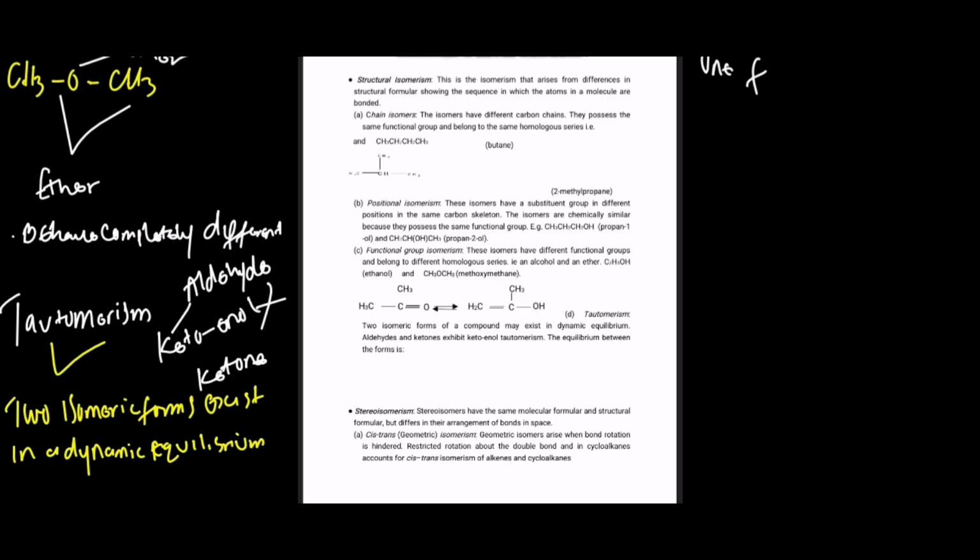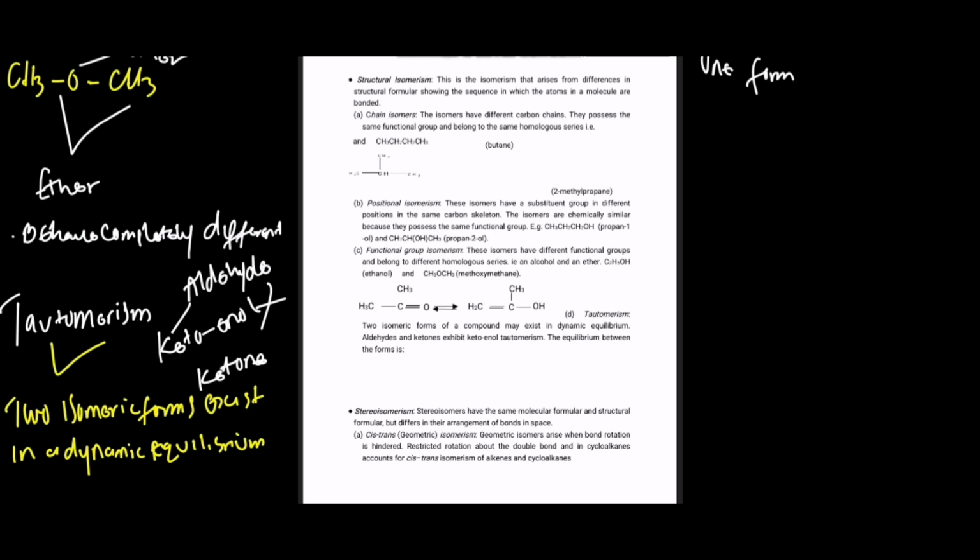There exist two isomeric forms, and they exist in dynamic equilibrium. That is what is happening in the tautomerism. The example on my slide uses the keto-enol.